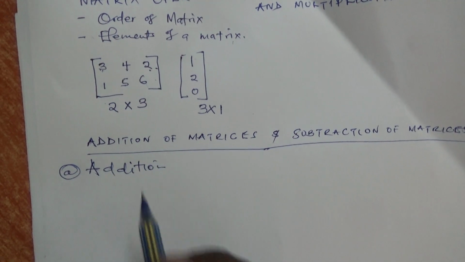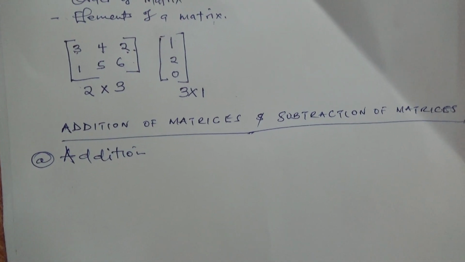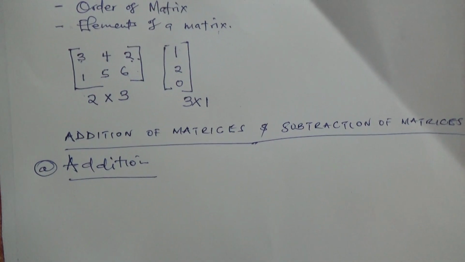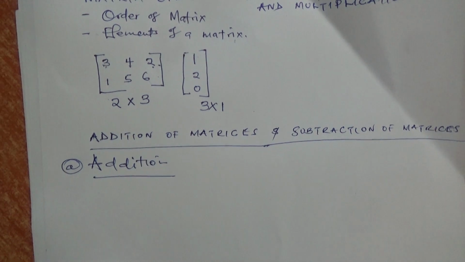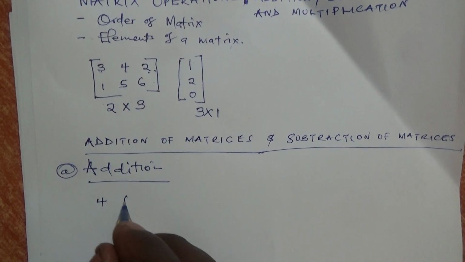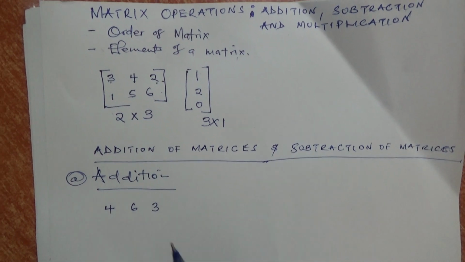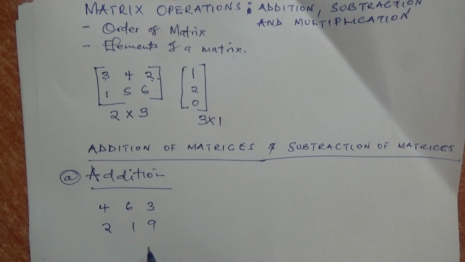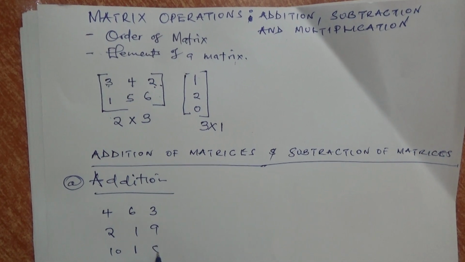Now that you know how to define the order of a matrix and the individual elements, how to locate them, we first of all start with addition. Like for example, we have 4, 6, 3, and we have 2, 1, then 9, then we have 10, then we have 1, then 8.